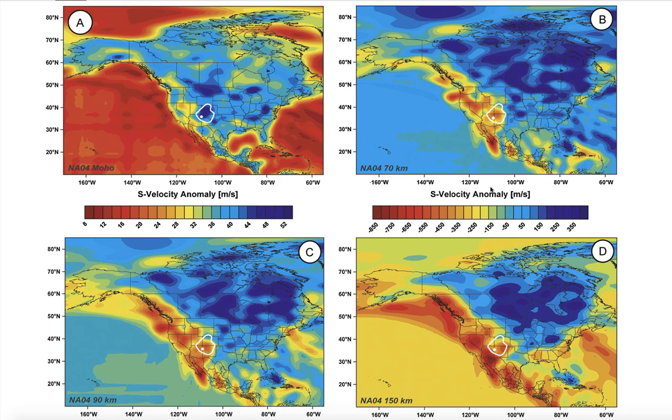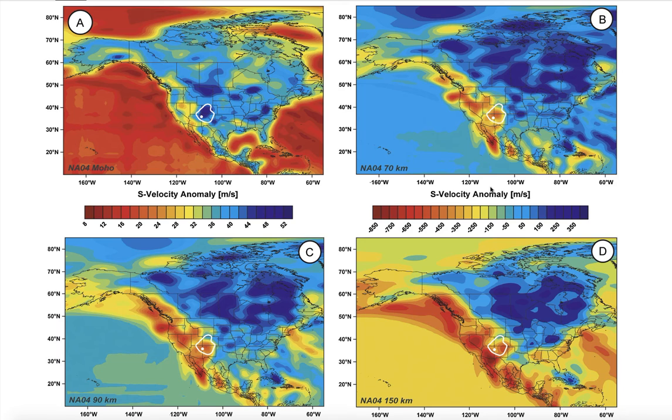I mean, the S-wave velocities, not the anomalies, the actual velocities, are analyzed in kilometers per second. The anomalies are measured in meters per second, but that makes not such a big difference.